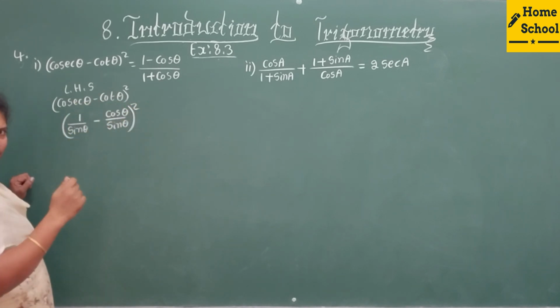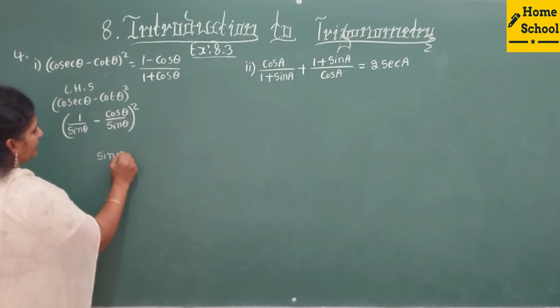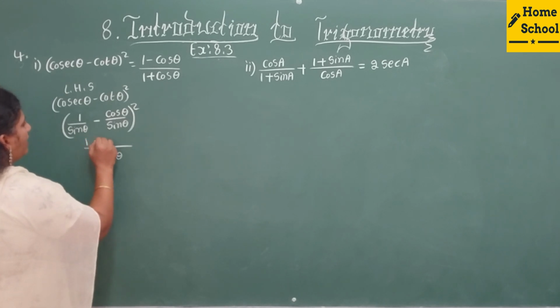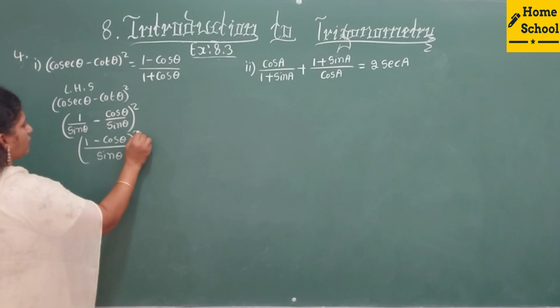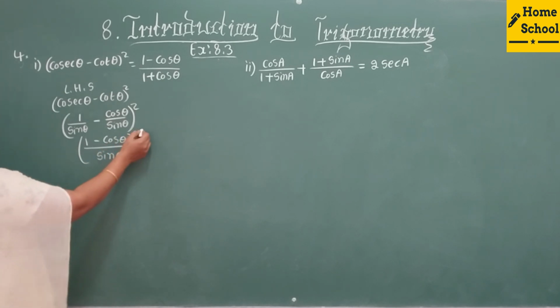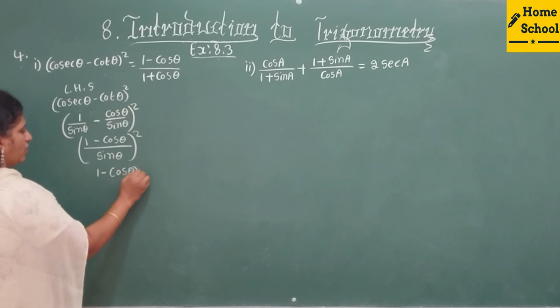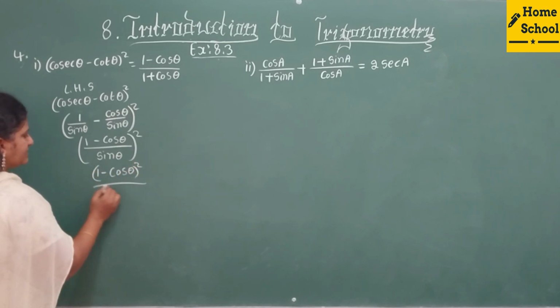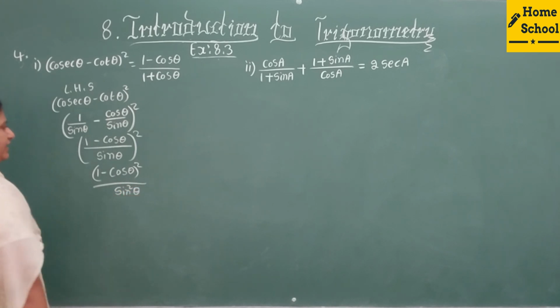Okay, and then try to solve. Do LCM. Sin theta, 1 minus cos theta whole square. Okay, now split whole square. 1 minus cos theta whole square by sin theta whole square. I can write it as sin square theta.